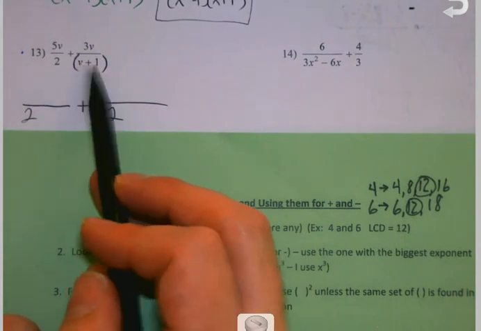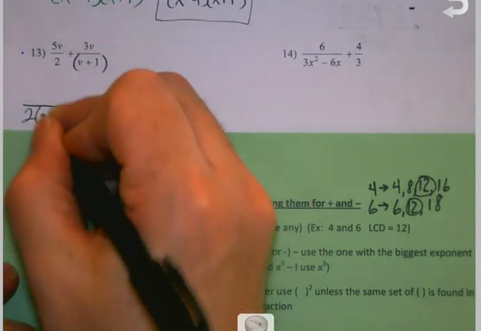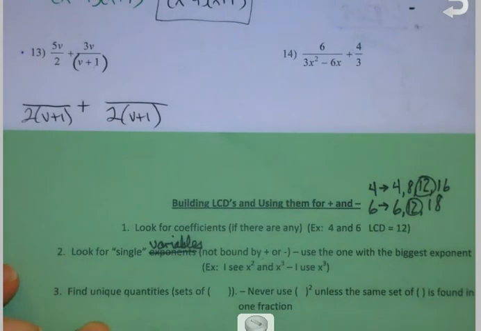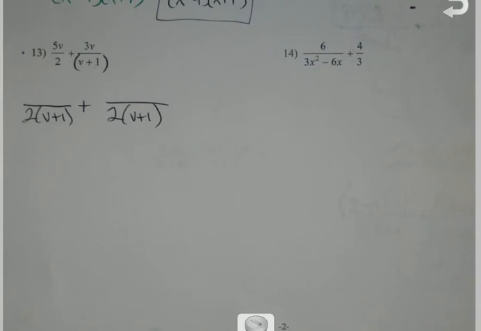Well, I have a variable, but it is definitely bound by plus or minus, so I don't have any of those. Unique quantities, sets of parentheses, v plus 1. So basically everything in the denominator automatically goes in the denominator of both of them? Yes, whatever you see in either one of the denominators is going to show up in both when we find a common one. Yep.